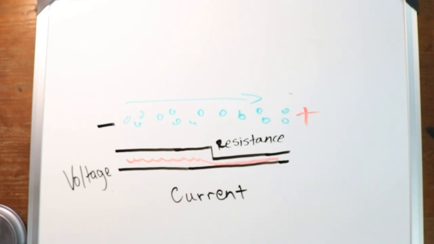So depending on your application, you may need a lot of pressure and a lot of current going into a specific device like a motor. You need something strong to turn that motor on. So you're going to need a lot of voltage, a lot of current. And let's say something very small, like a light bulb.